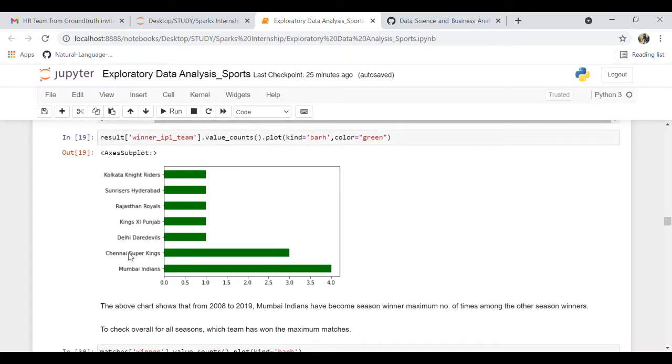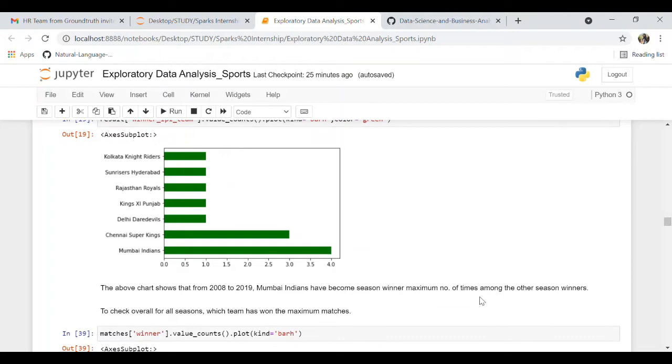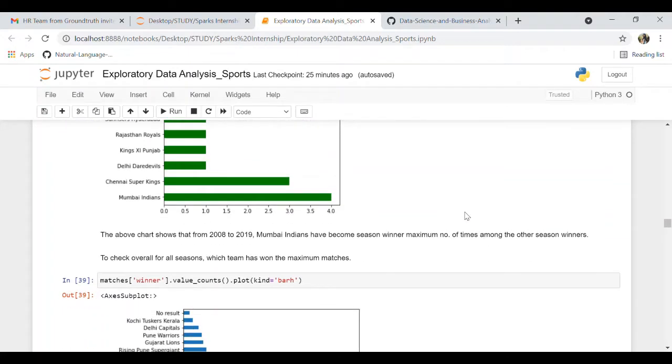This bar chart shows us that Mumbai Indians have become the season winner the maximum number of times among the other season winners, followed by Chennai Super Kings.